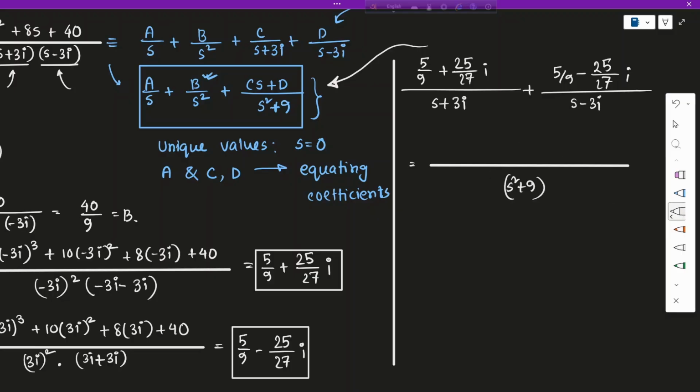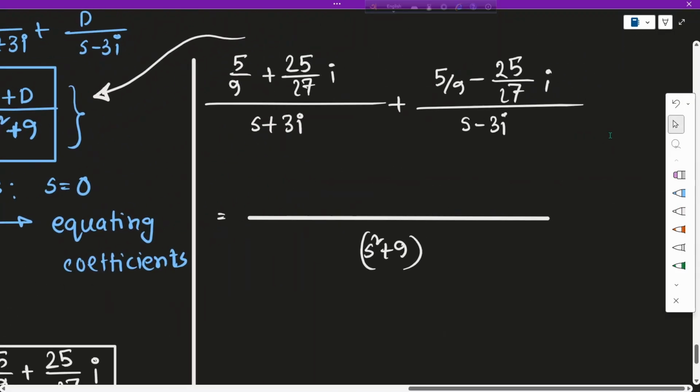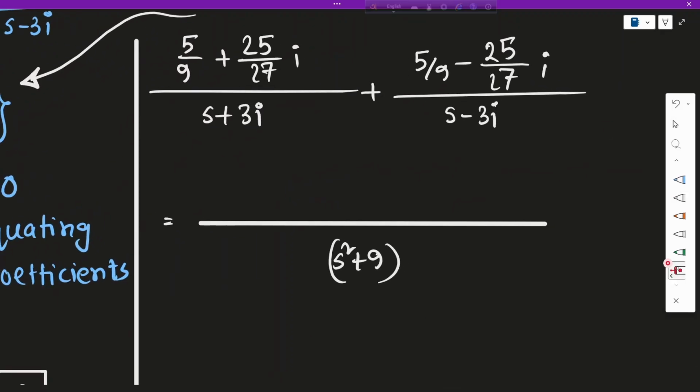Now what of the numerators? First of all, let's just look at these two expressions. By multiplying which and which do we get the coefficient of s?